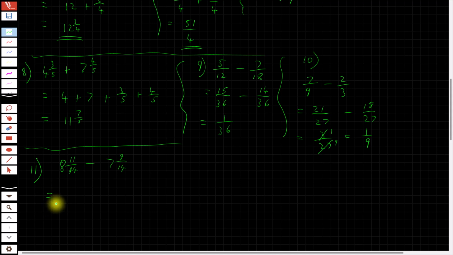This is equal to 8 plus 11 over 14, take away 7 in brackets plus 9 over 14, because we need to take away everything, 7 plus the 9 over 14ths. So we put that in brackets, so the takeaway applies to everything inside the brackets. If we expand those brackets out, take away 7 and take away the 9/14.